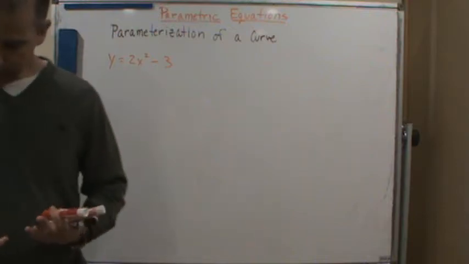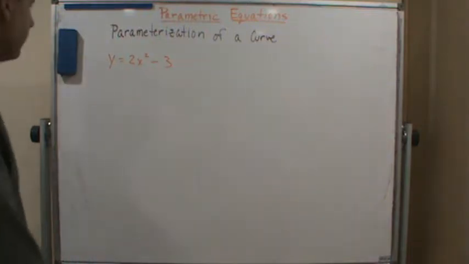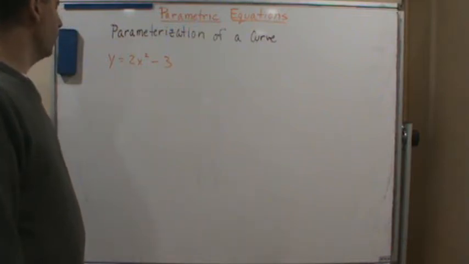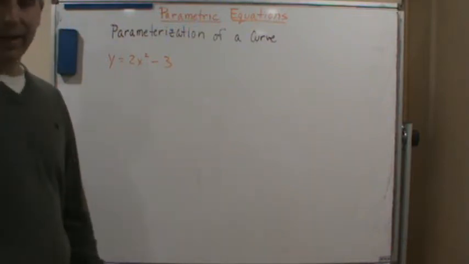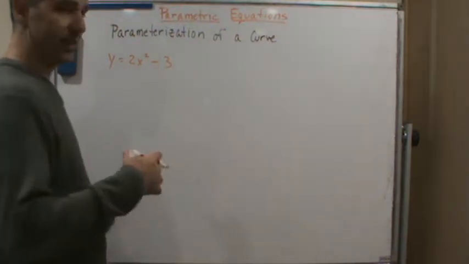This is a parabola that opens upward. There's an easy way of doing this: we can always make a simple substitution. This is the easiest way.